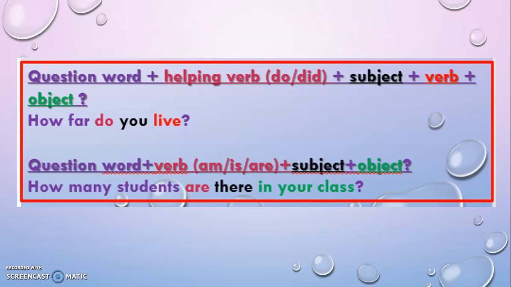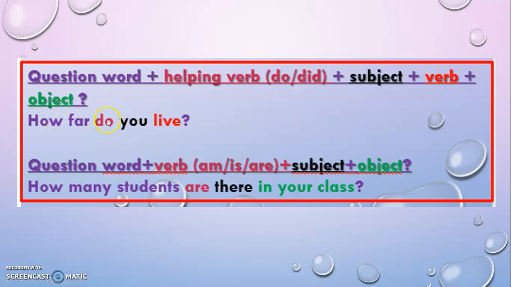All right, so let's move to the next slide. Now, how can we use the question word properly to make a correct question? First you would use the question word, for example, how far. Then you would use a helping verb, so do if your question is in the present, or did if your question is in the past.